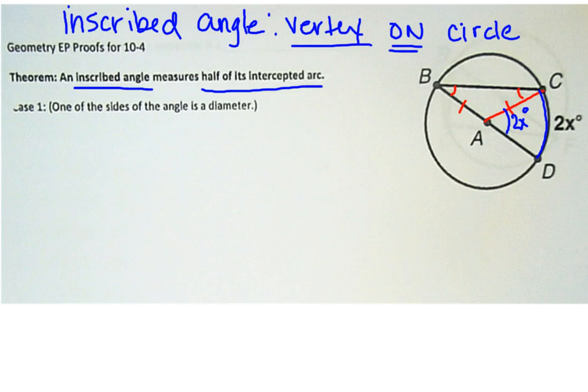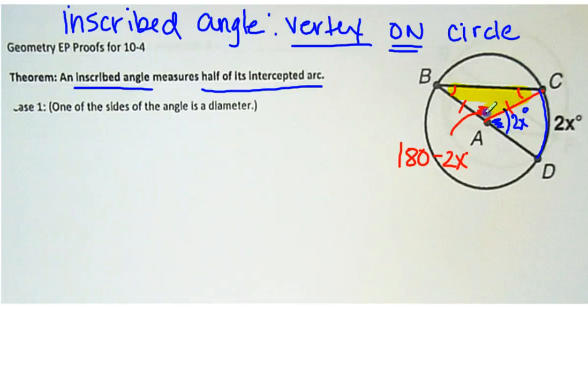So if that angle right here is 2x degrees, this angle would have to be 180 minus 2x degrees, because this one and the blue one are a linear pair.